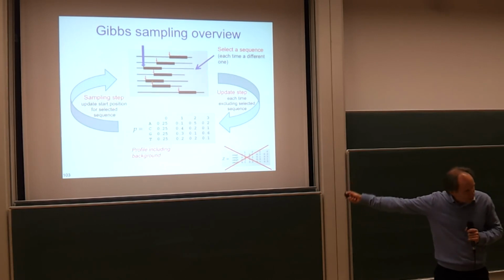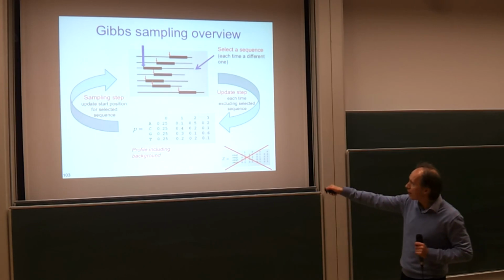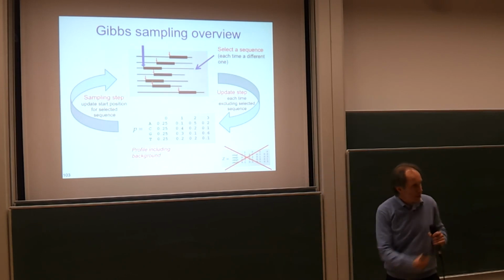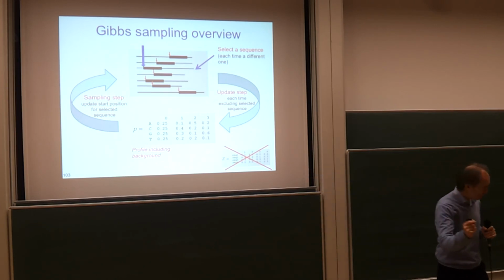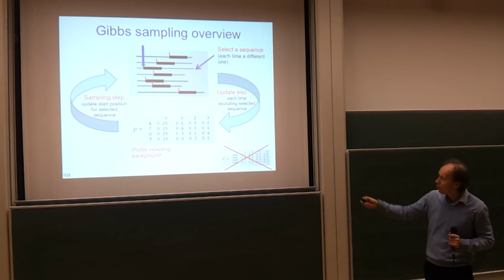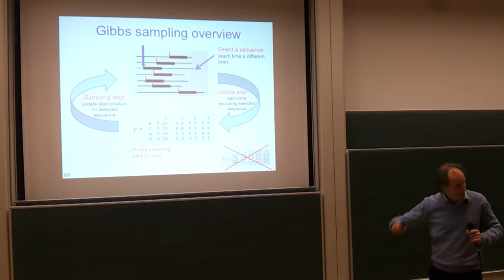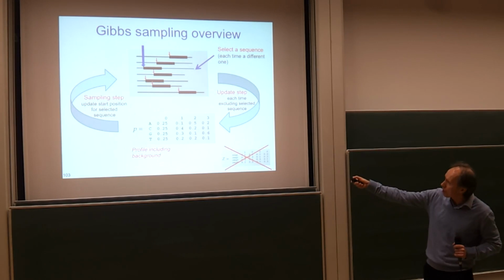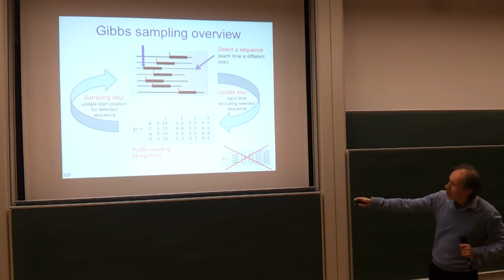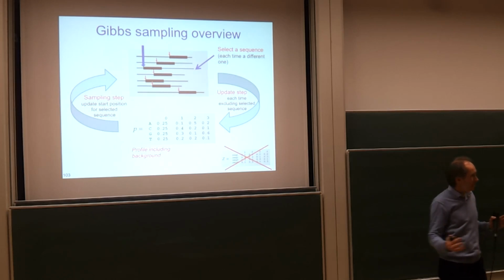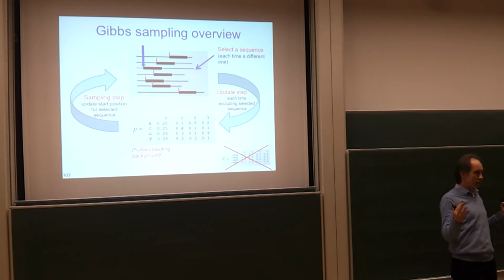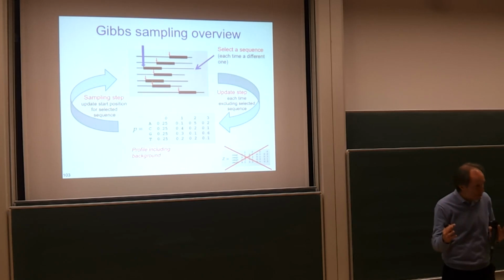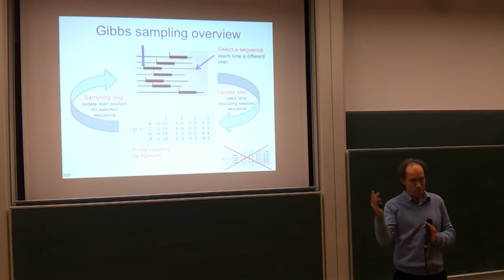We use the remaining sequences, update the profile, slide that profile over the unselected sequence, and update the position again. So one by one you update the position where the profile would start in each of the sequences, and while you do this, the profile is changing, and the idea is this should lead to the best profile. Well, it's not a greedy method, but you could say it goes all over the place.